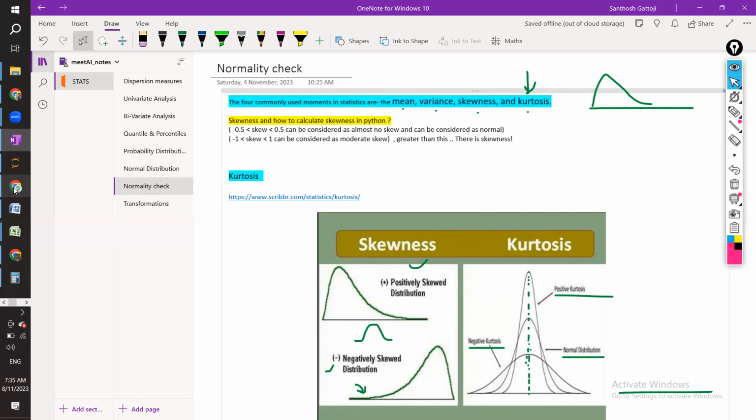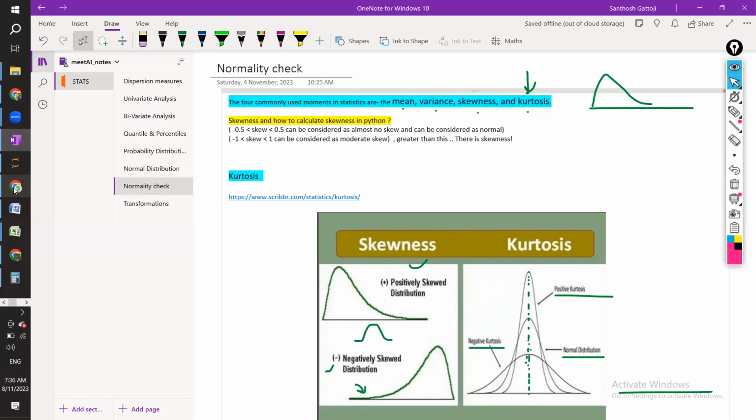I used to extract some concepts from one source and some from another and make my own notes, and after a few days I would come across another course. Slowly, after some time, I created a decent statistics course, or notes. But initially it was not that easy, and it will not be easy for most people.